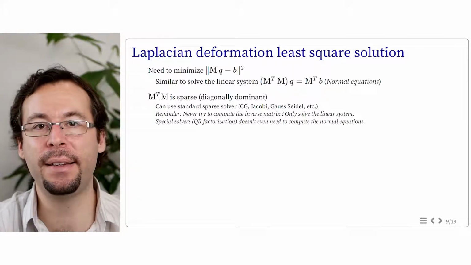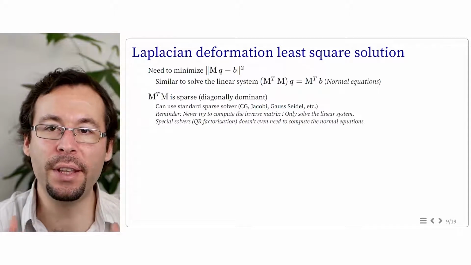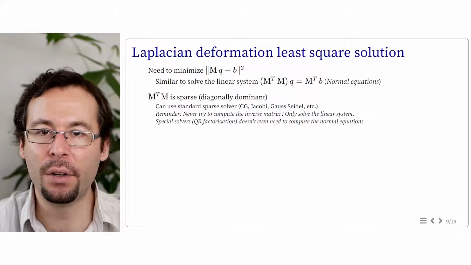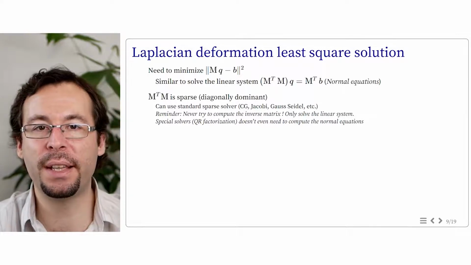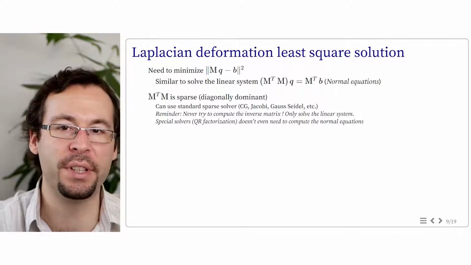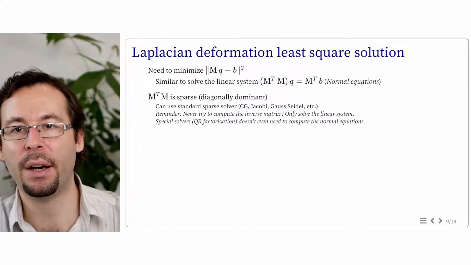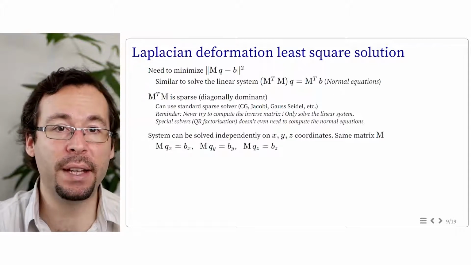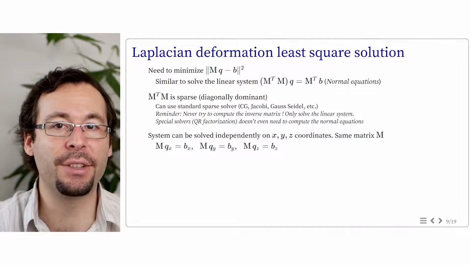Only solve directly the linear system. Actually, the inverse matrix would be a huge non-sparse matrix. Also, we can use special solvers dedicated to least square problems, which don't even ask you to compute explicitly the normal equations. Another note is that Qi and Pi are actually vectors with 3 components, x, y, and z.